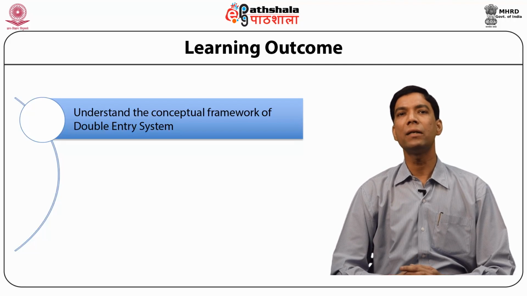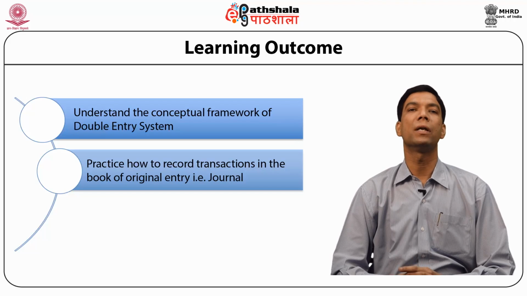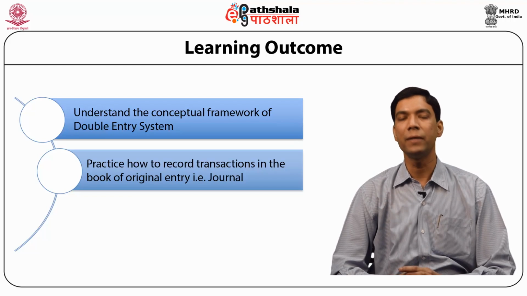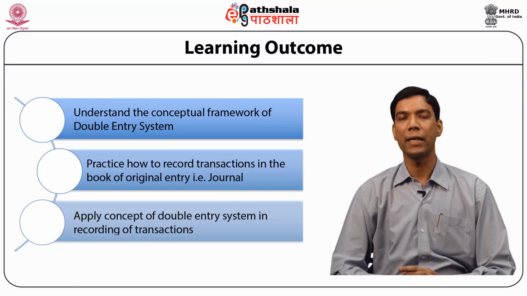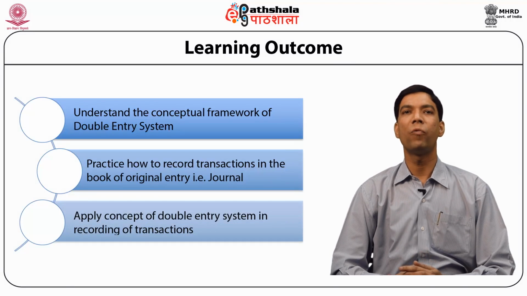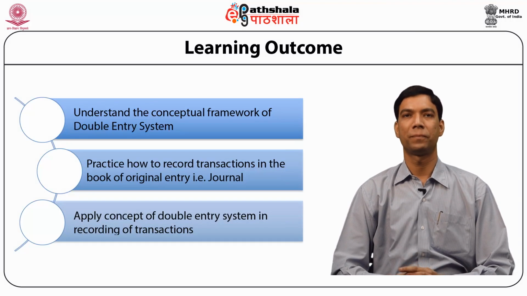You will understand how we record the business transaction in the books of journal by using the rules of double entry system, that is debit and credit. You will also learn how you apply the rules of debit and credit while you record the business transaction in the books of journal.